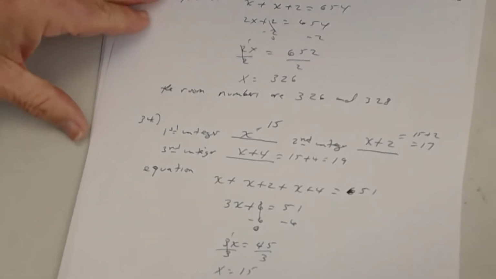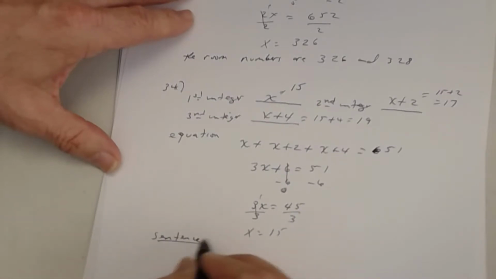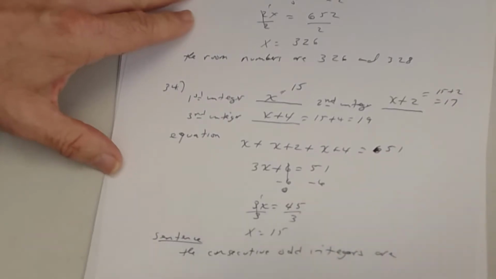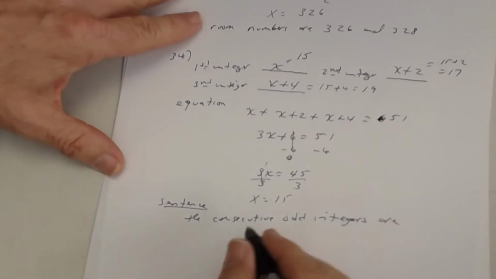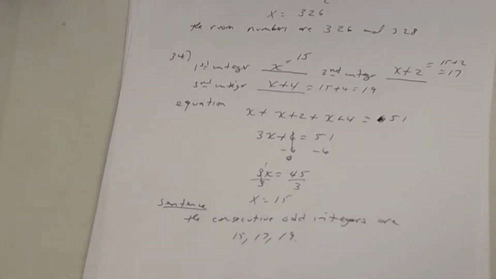And so your sentence then would be, the consecutive odd integers are 15, 17, and 19. Would you mark off if we put the awkward combination? That's fine. Yeah, you can do that. All right, then, let's see.